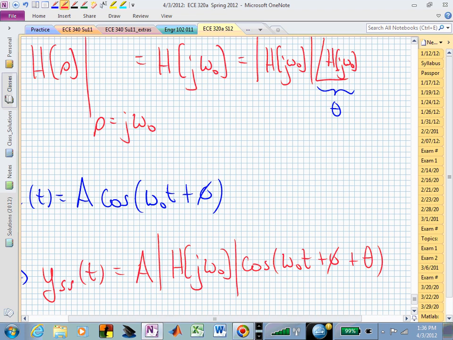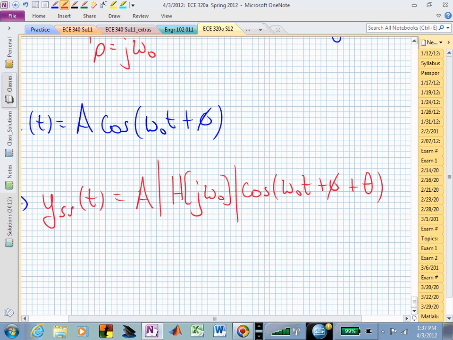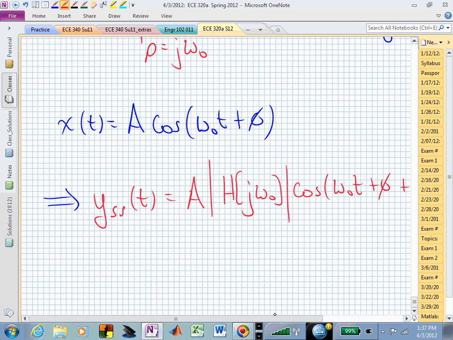You can just replace s with j2. That gives you a magnitude and an angle. That now tells you how the amplitude of your input x of t is adjusted, either squished or expanded, depending on what h of j2 ends up being. And it tells you how your angle or argument in the cosine waveform is changed by an angle of theta.